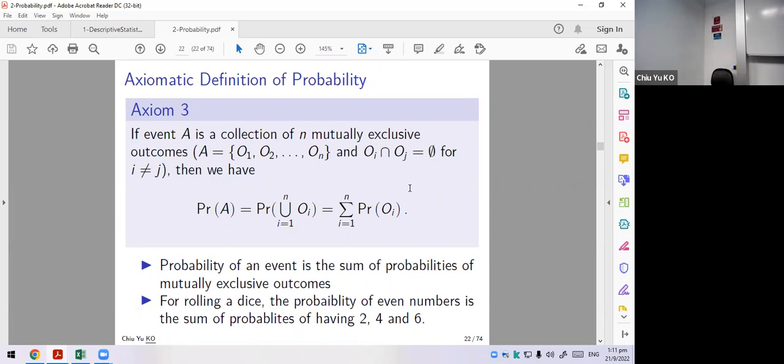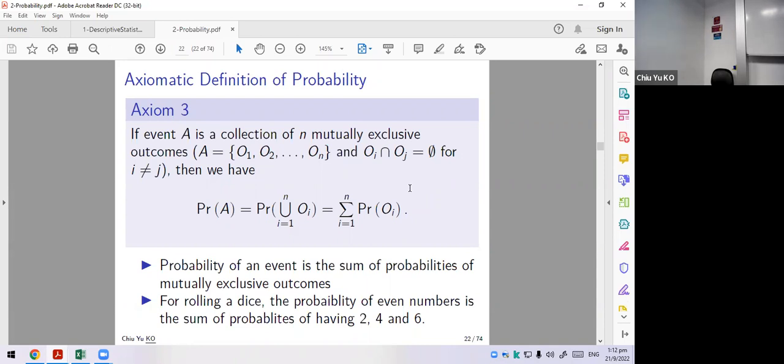If an event A consists of outcomes that are mutually exclusive, just like rolling a die, an even number consists of outcomes 2, 4, and 6. They are mutually exclusive, because if 2 happens, 4 cannot happen; if 4 happens, 6 cannot happen. So only one of them will happen.